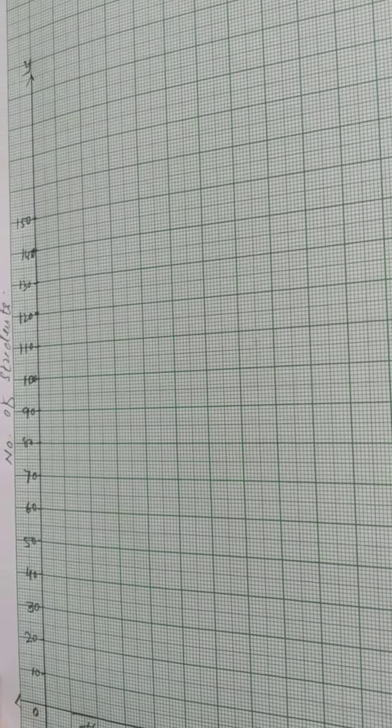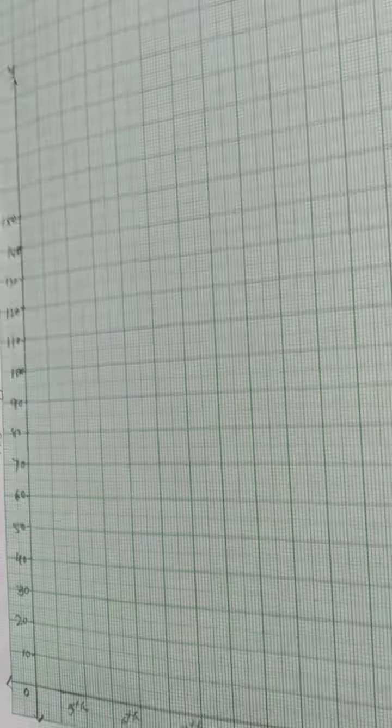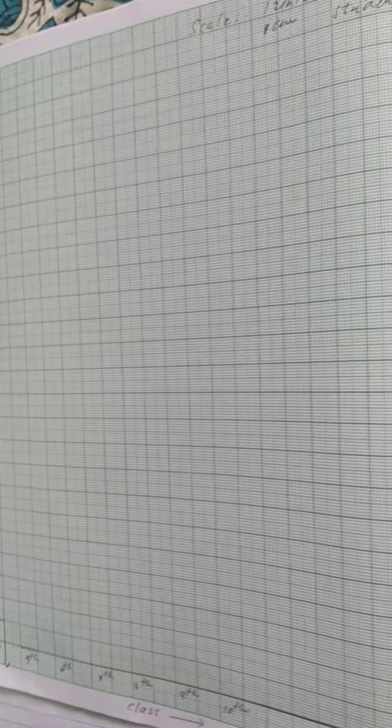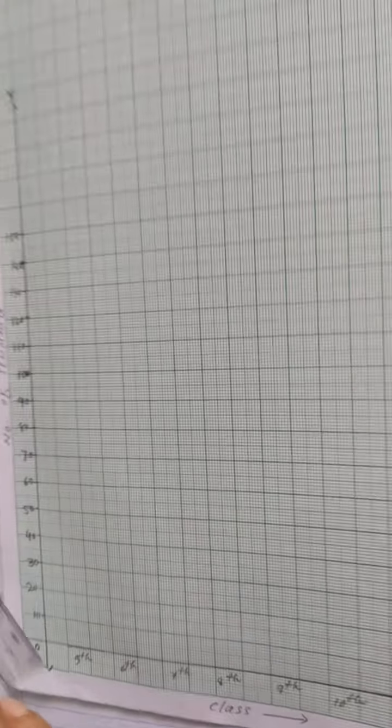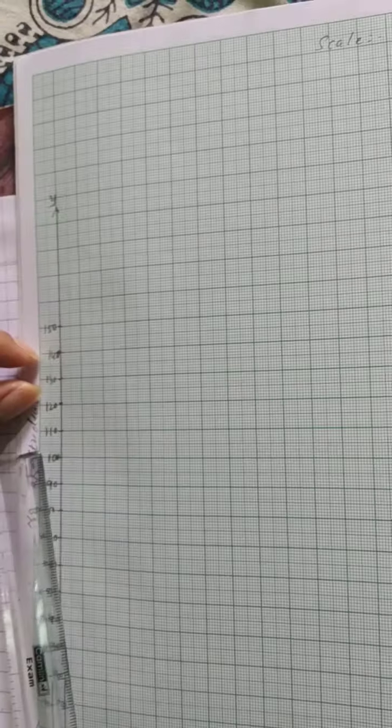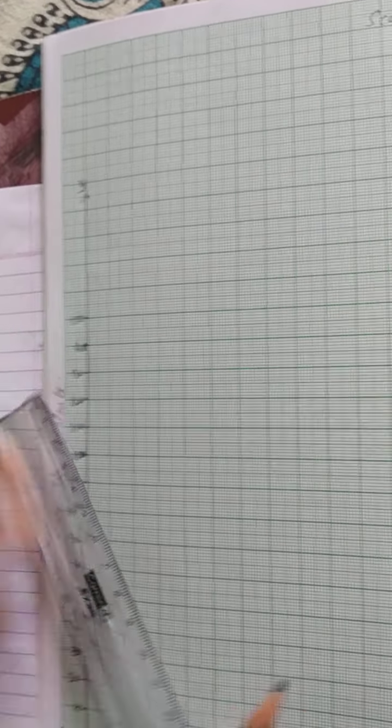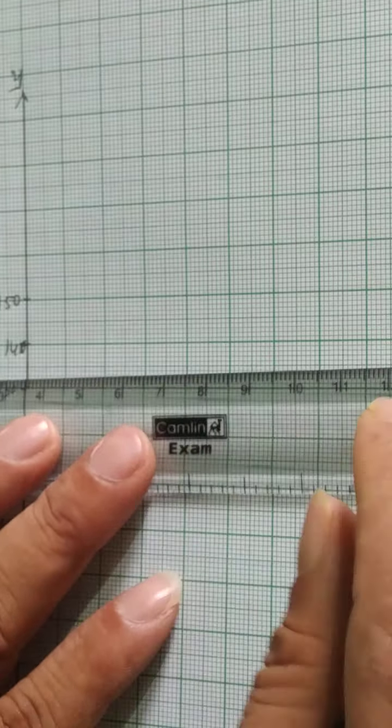So it's clear. Now see, in 5th standard, how many students? 135. So 135 is lying between 130 and 140, right? Exactly in the middle.